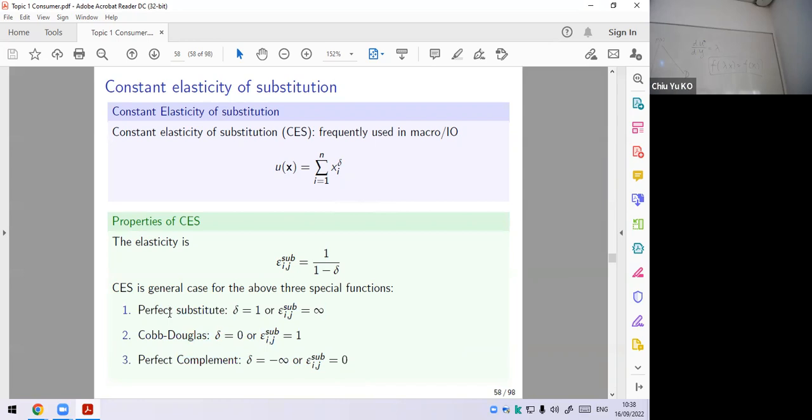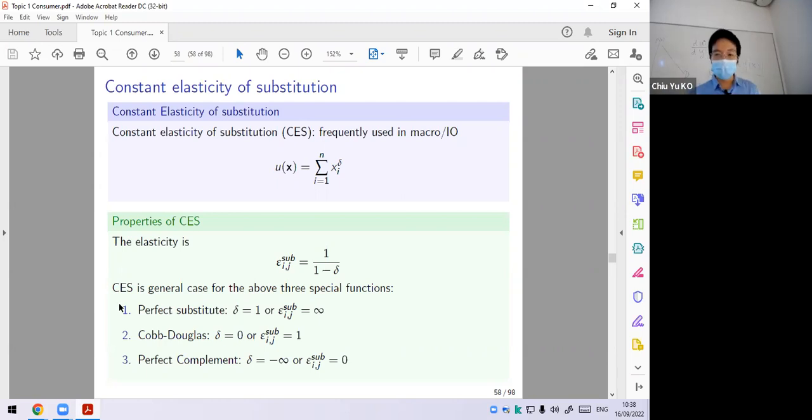Delta equal to 0, Cobb-Douglas. Delta equal to negative infinity, you have perfect complements. So this is rather convenient when you do empirics, because these are three basic extreme forms, and by adjusting delta you can do empirics conveniently, and mathematically it is rather convenient too.